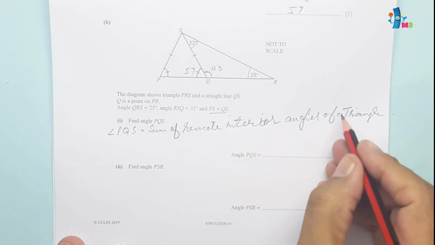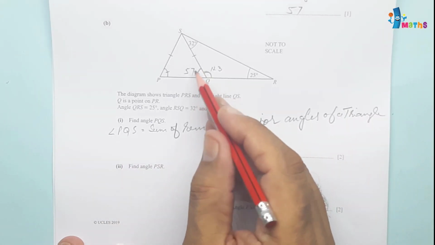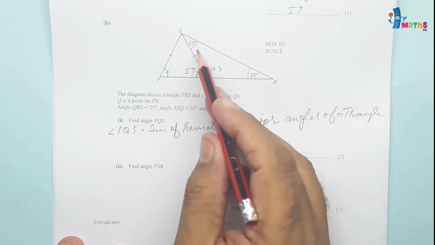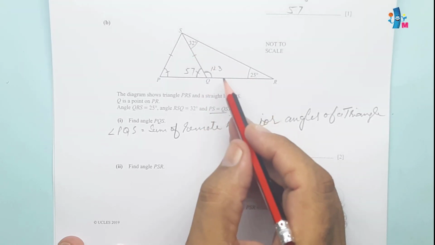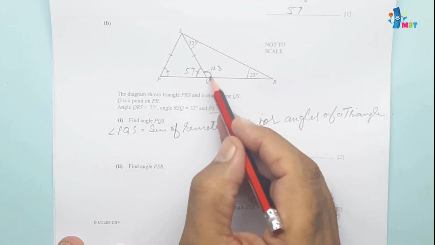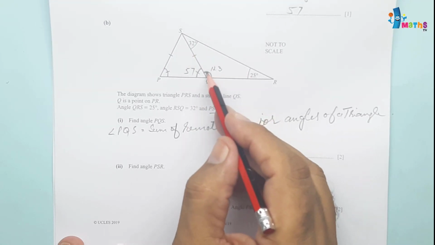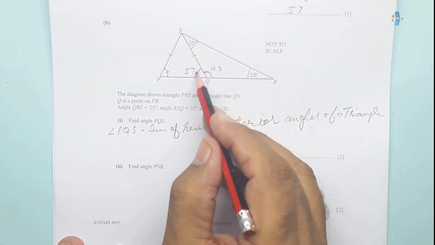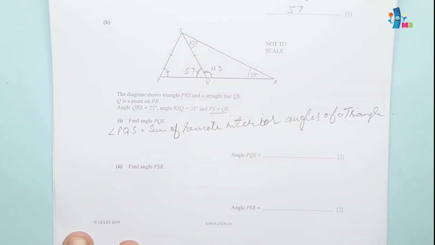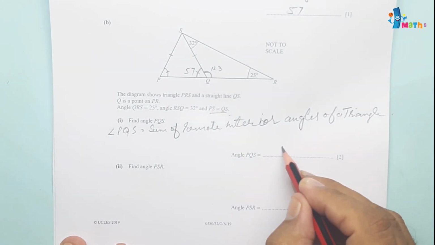So by this rule also we can say this is 57 because this angle is the sum of these two. And the other route which I have told you is we can find this third angle and then the straight line will be 180 minus this. So you can write anything whatever you like.